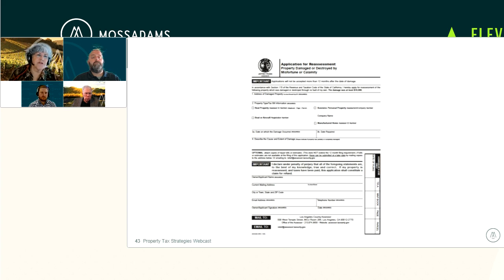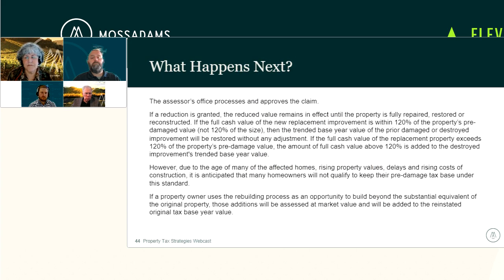So what happens after the assessor's office processes and approves the claim form? If the reduction is granted, that value remains in effect until the property is fully repaired, restored, or reconstructed. What's important here is that the new replacement improvement is within 120% of the property's pre-damaged value, not size, not square footage, okay?